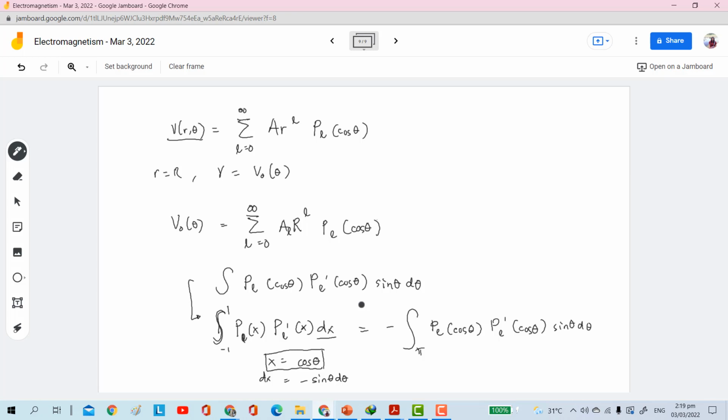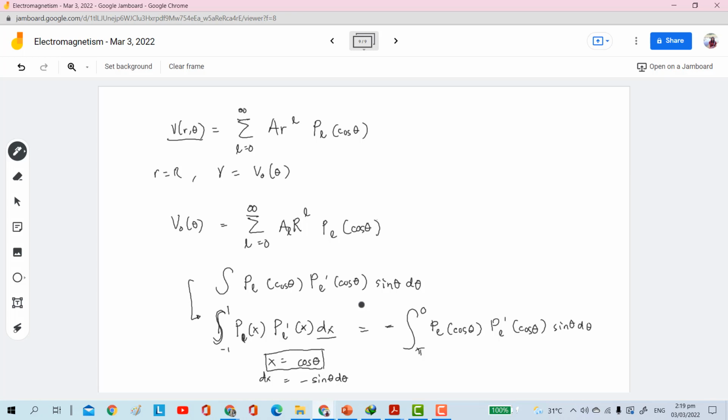And then, when x is equal to 1, cosine theta is equal to 1. What is cosine inverse of 1? 0. Okay. So, we have negative integral of P sub L cosine theta multiplied by P sub L prime cosine theta sin theta d theta. This is integrated from pi to 0.